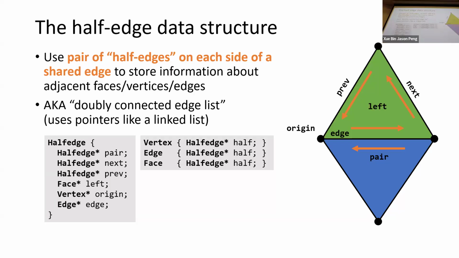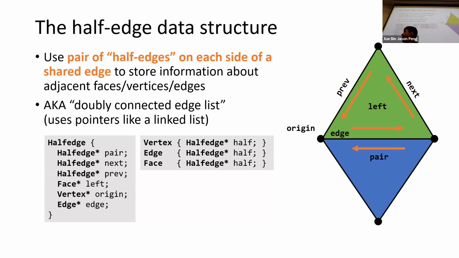And by leveraging all the pointers that are stored in the half edge data structure, we can use that single pointer to one half edge to retrieve all of the half edges that are connected to a particular vertex. So we only have to store data structures that have a constant size. We don't have to store a variable length list depending on how many edges are connected to a particular vertex.